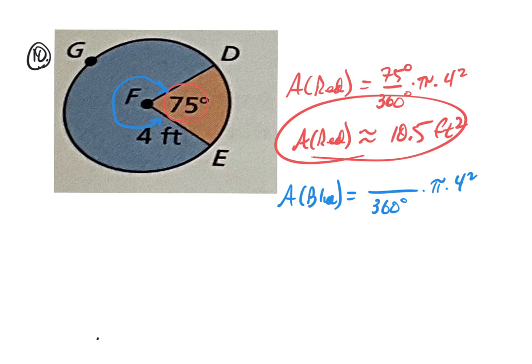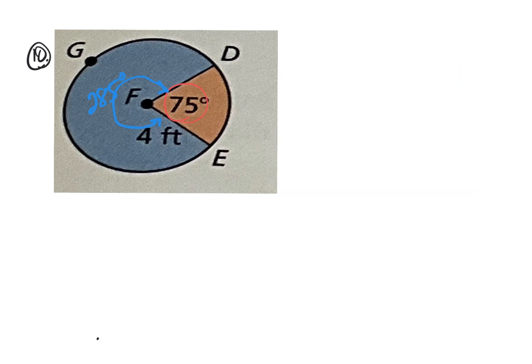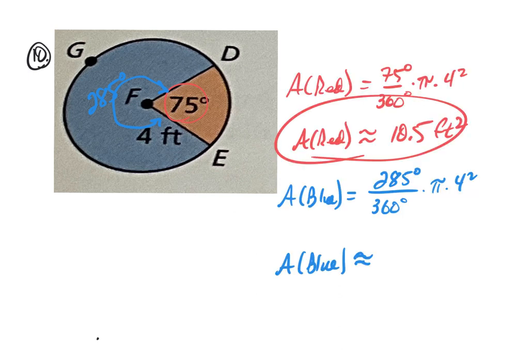So if the red angle is 75, the blue angle is going to be 285 degrees. And once again, we can just move over to our calculators and approximate this area. So 285 divided by 360 times pi times 4 squared. And if I punched it out, okay, I got 39 point, oh, no, something wrong there. There we go. 39.8 square feet.